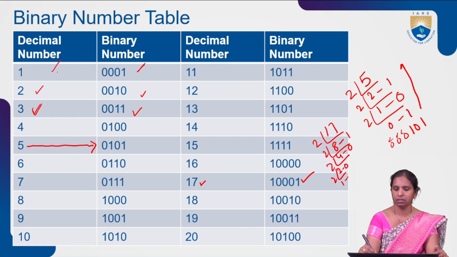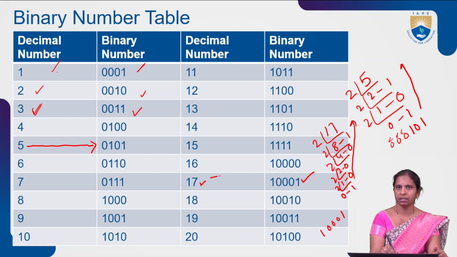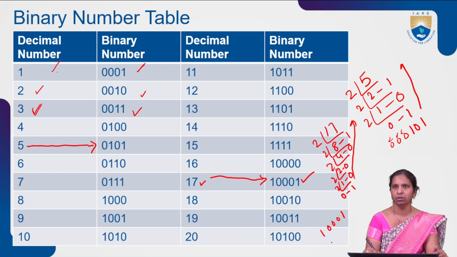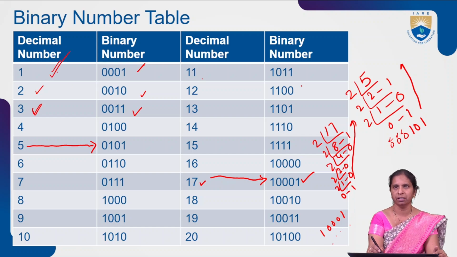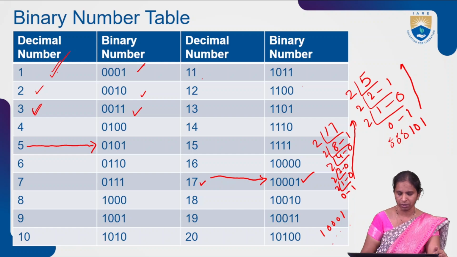And 2 1s are 2, the remainder is 0. And 2 zeros are 0, remainder is 1. Therefore, write the numbers from bottom to top. Then what you get is 10001. Therefore, you can represent the decimal number 17 in binary as 10001. Like that, you can represent any decimal number in binary by using this conversion method.